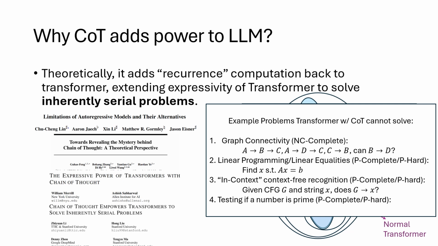And in context-free recognition, and also, surprisingly, the transformer even equipped with chain of thought would struggle with testing whether a number is prime.